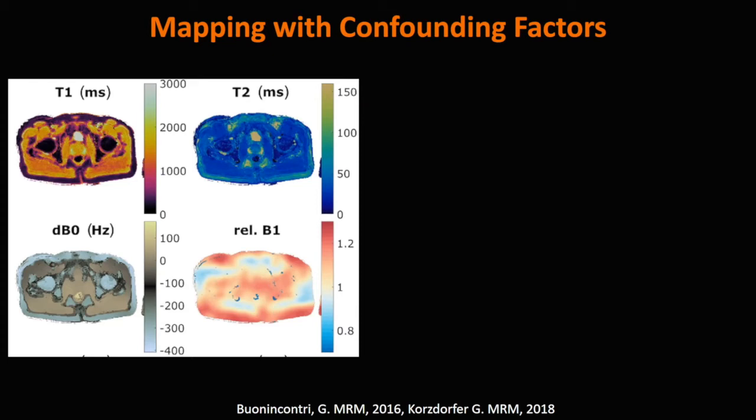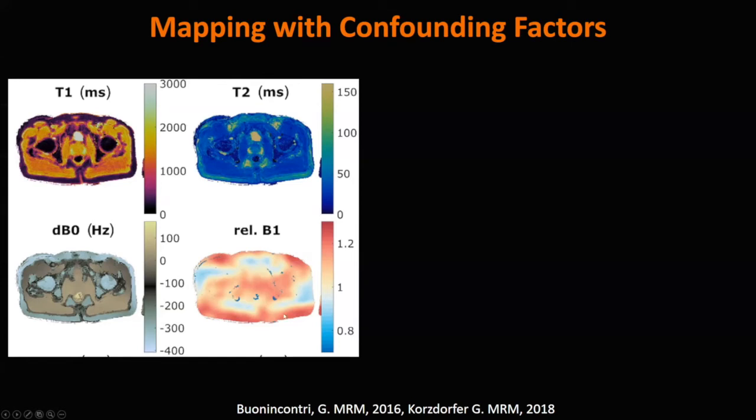If we simulate the signal by considering those confounding factors, in the mapping step, the MRF will be able to quantify tissue property maps as well as the system confounding factors altogether. The benefit of doing that is that the resulting quantitative tissue maps will be less affected by those confounding factors.